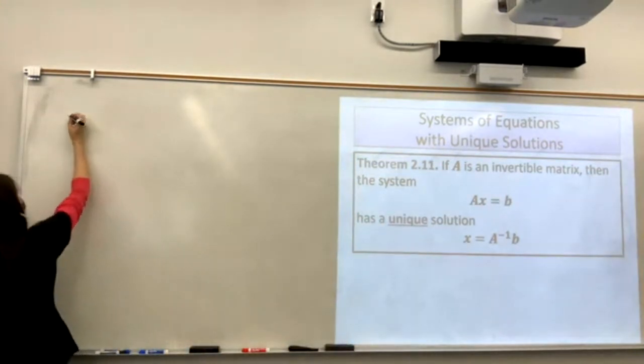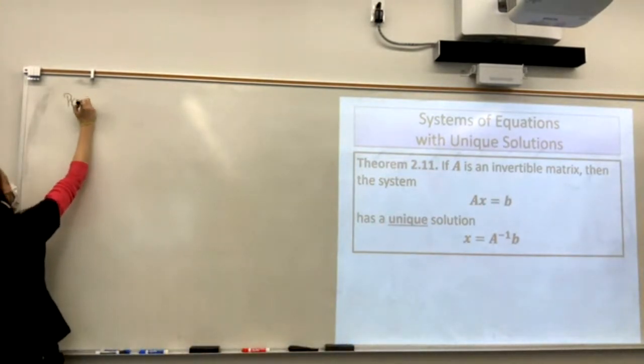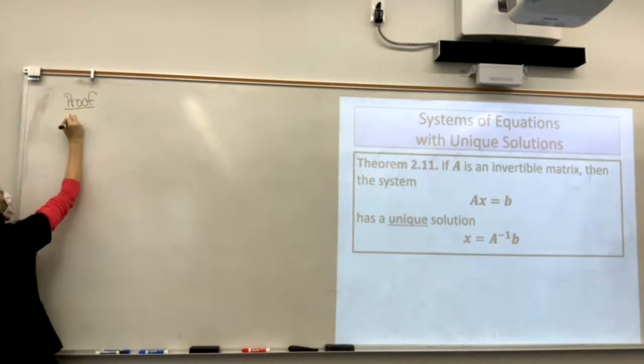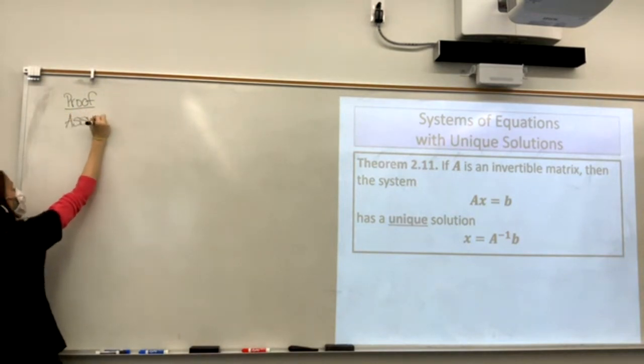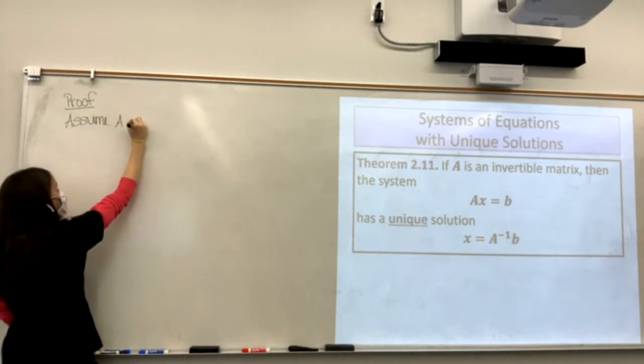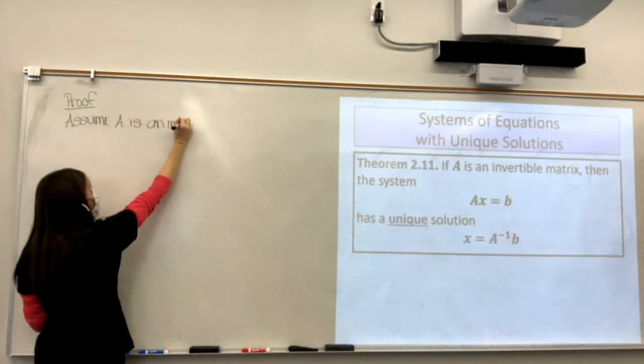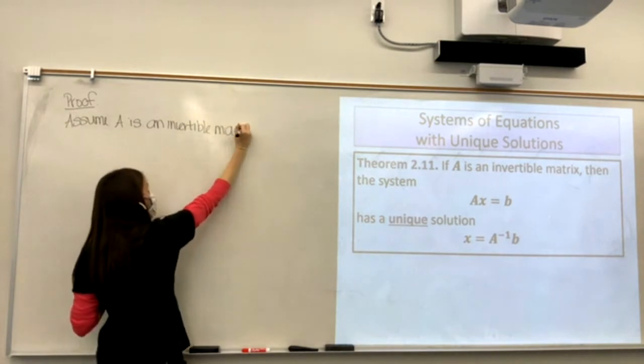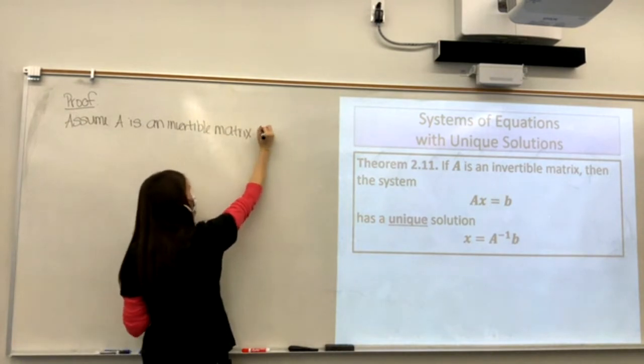All right, so let's start by writing down our assumptions. We're going to assume A is an invertible matrix.